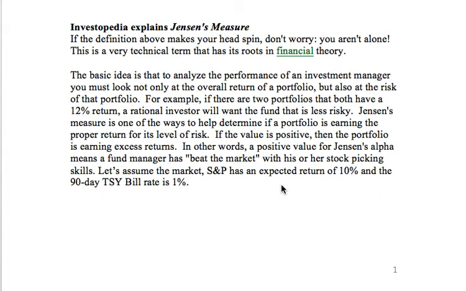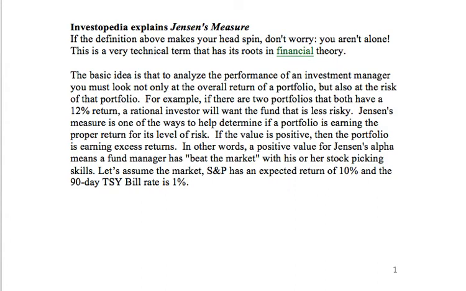If we have positive alphas, that means the stock is outperforming the market given the risk taken. If the Jensen Alpha measure is negative, that simply means that we are underperforming the market given the risk taken by that stock we have invested in or, we'll say, the portfolio that we have.